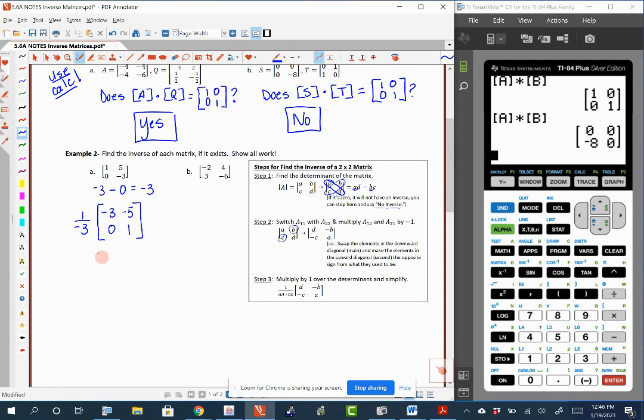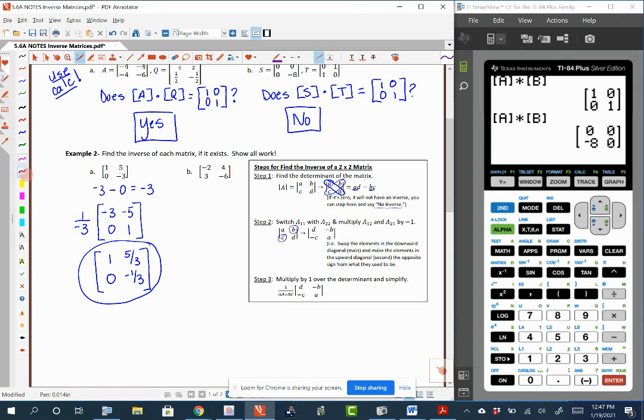So we will not be shocked if we see some fractions as we distribute here. Negative 1/3 times negative 3, so those are reciprocals. That gives me a 1. Negative 1/3 times negative 5, well, that's going to give me positive 5/3. Negative 1/3 times 0, and negative 1/3 times 1. So this is the inverse of the original given matrix.